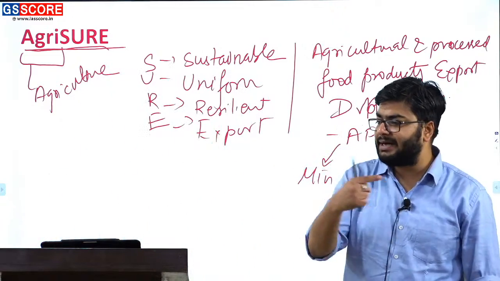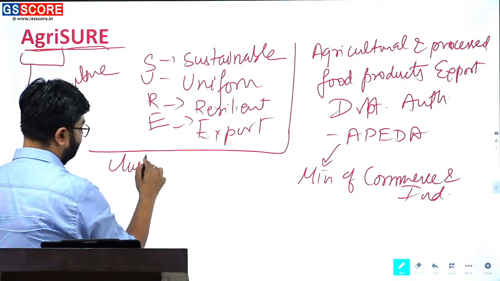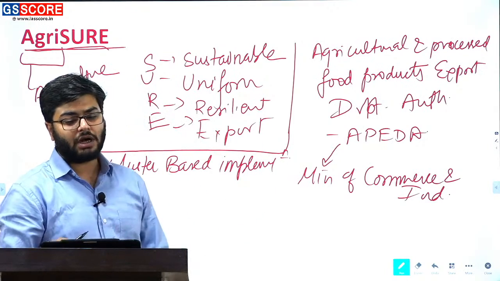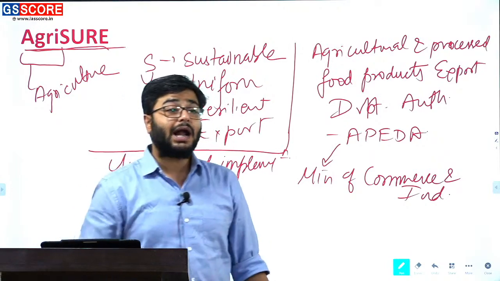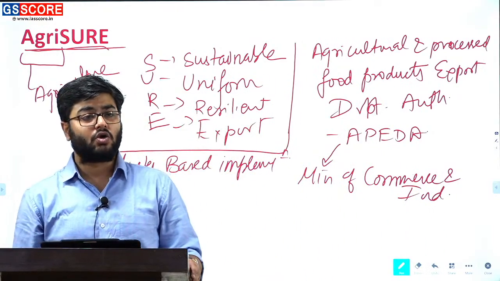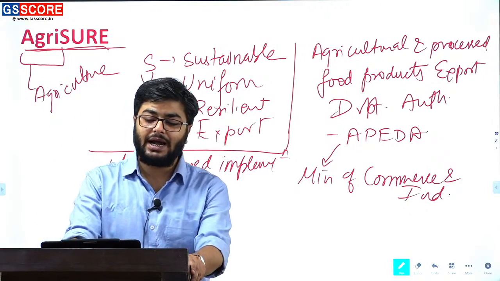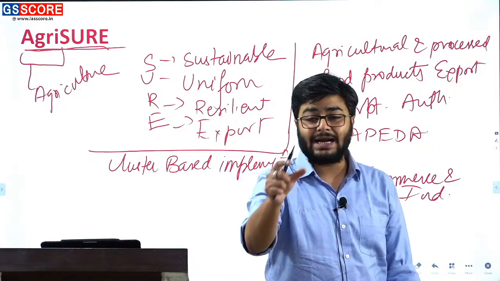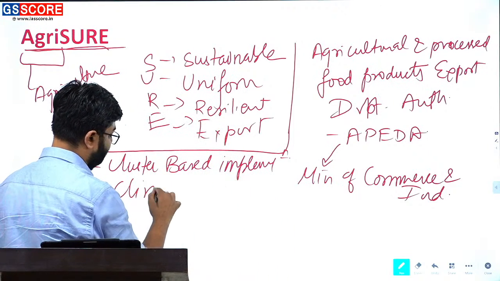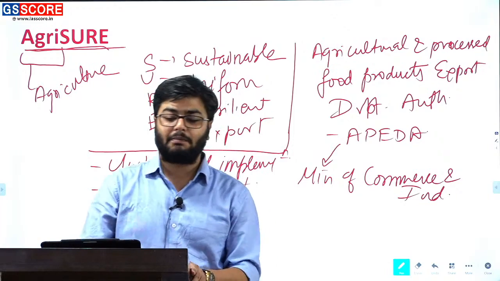Now, if you look at the implementation mechanism, it follows a cluster-based implementation and promotes certifications, good agricultural practices, and the use of digital integration to monitor quality, to enhance traceability, and to bring about climate smart agriculture, and develop market linkages.